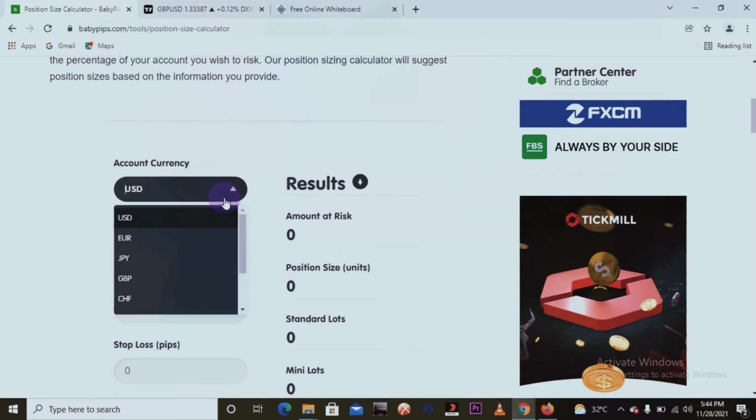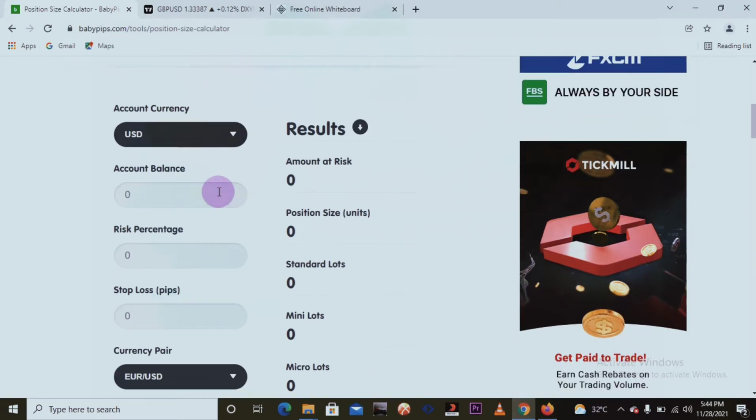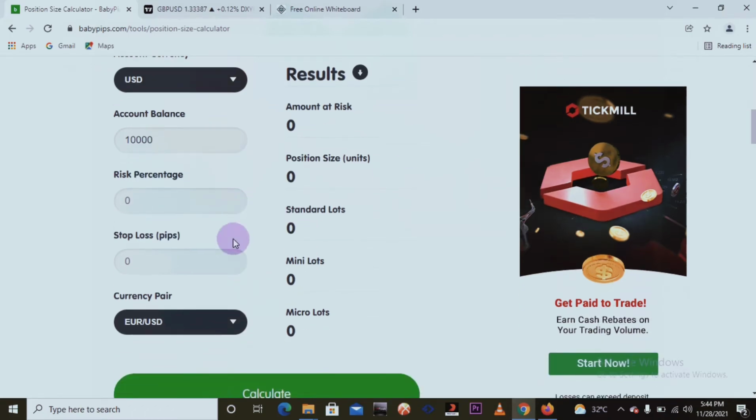So for example, if the account is a dollar account, the account balance, for example, is $10,000. What is the percentage I'm risking? I'm risking 1% of this account, 1% of $10,000. What is my stop loss? Let's take, for example, my stop loss is a minimum of 12 pips.